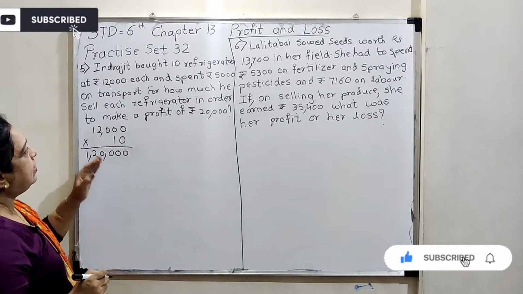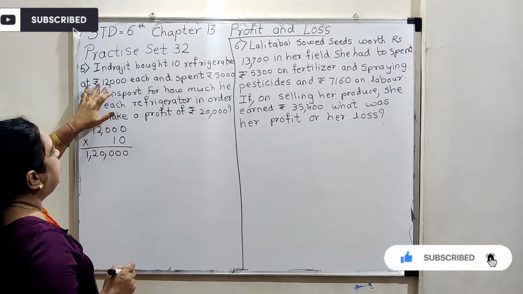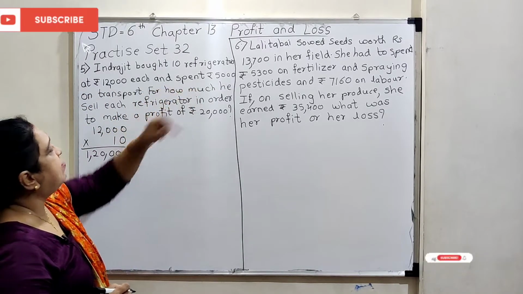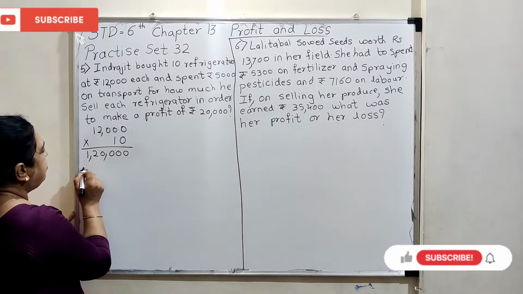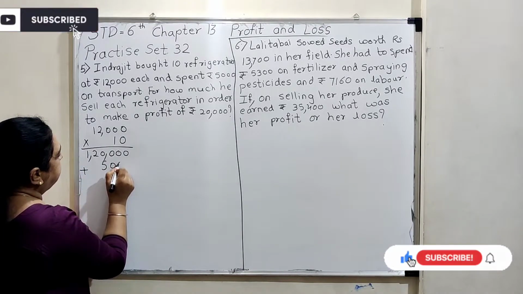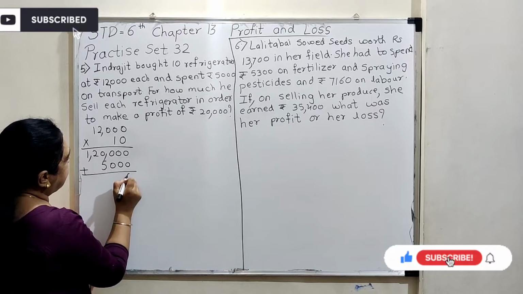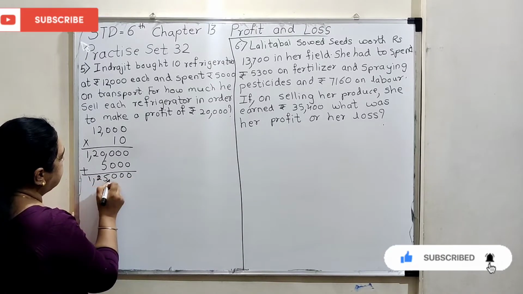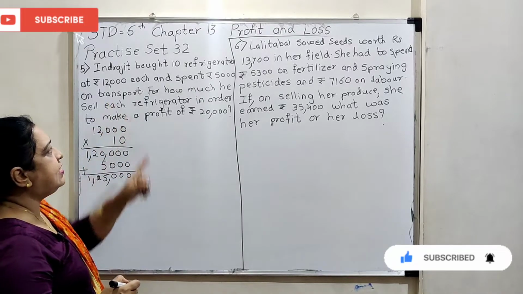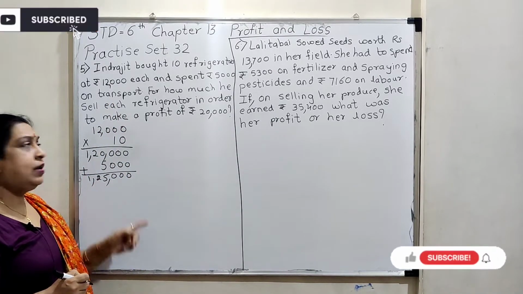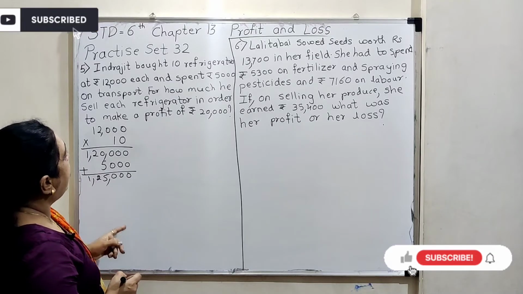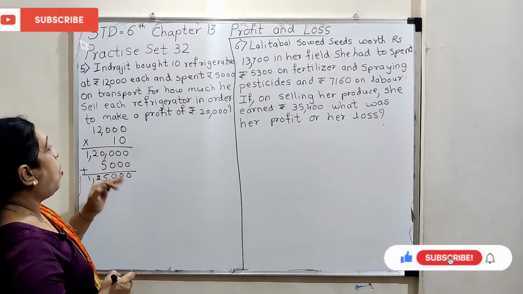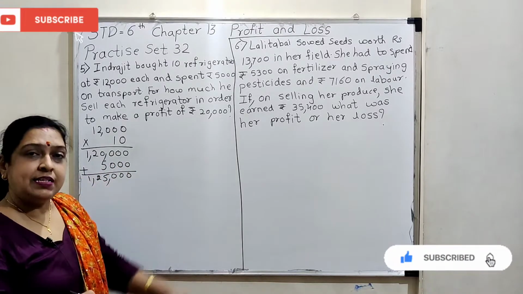So 10 refrigerators cost him 1,20,000. And he spent rupees 5,000 on transport, so that also we have to add. Transport charges 5,000. So the total cost he paid for 10 refrigerators is 1,25,000.